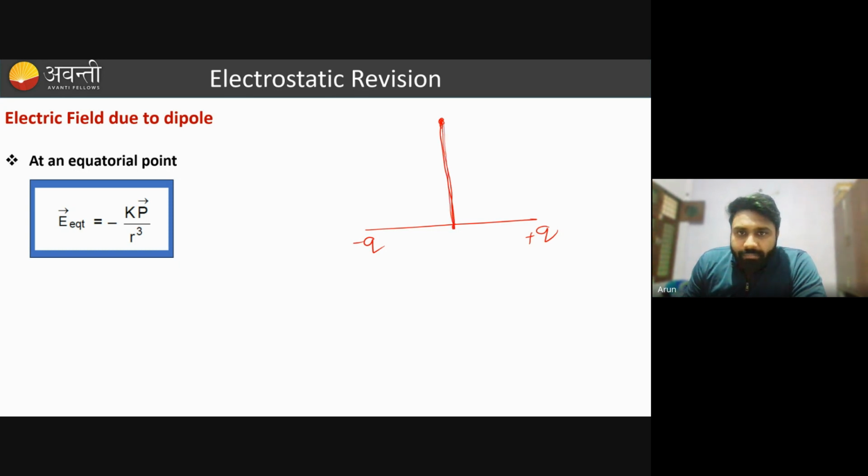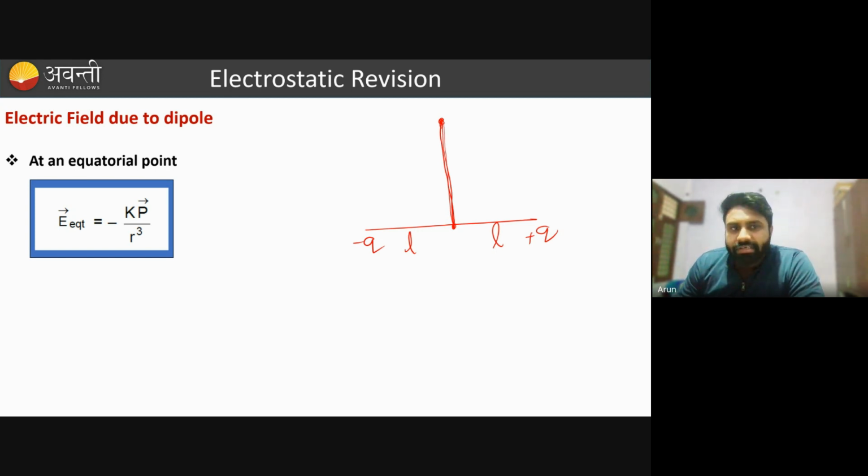If you drop the perpendicular from this point, it will divide the line joining the two charges into two halves. This line is also termed the perpendicular bisector, and you will see different names for it: equatorial position, perpendicular bisector position, and also broadside on position.